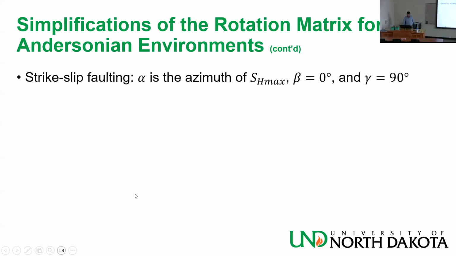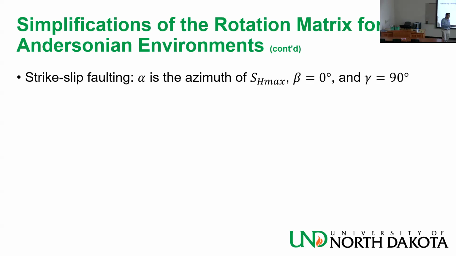What about strike slip? Alpha is again the azimuth of SH max, because now SH max is S1, beta is 0, gamma is 90. And there are other formats you can use. You can use a different set of angles from different reference points, or taken in a different way.